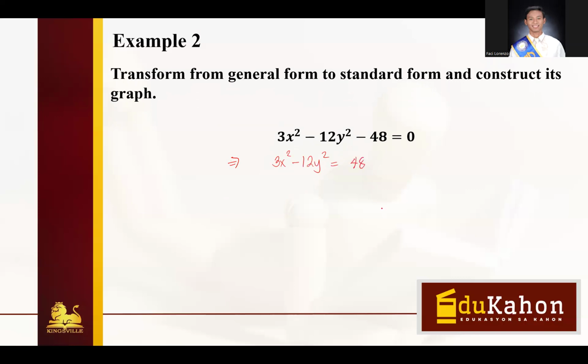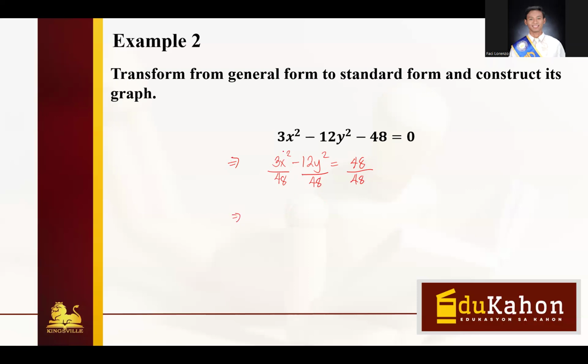So we know if we make this in standard form, 48 should be equal to 1. So we divide both sides by 48 to make this constant equal to 1. So this is 48, and we divide 3x squared by 48, and negative 12y squared will also be divided by 48. Okay?